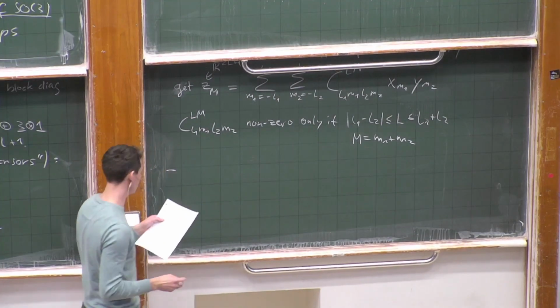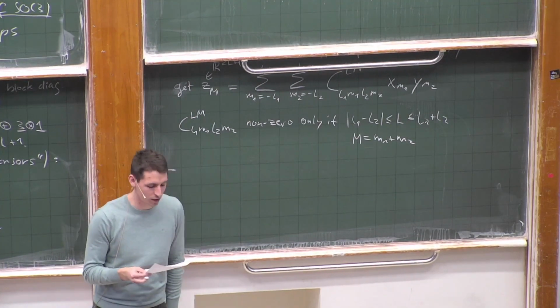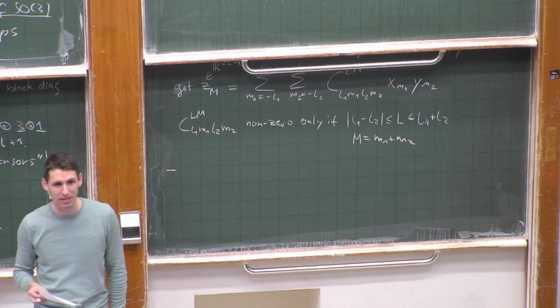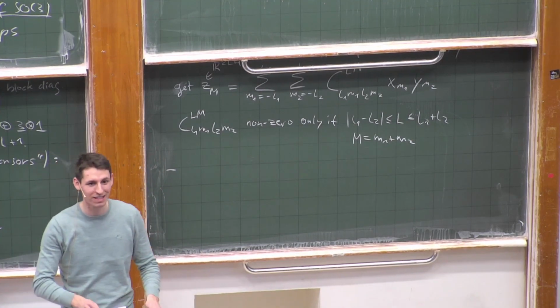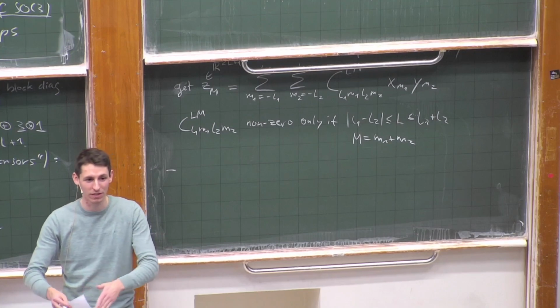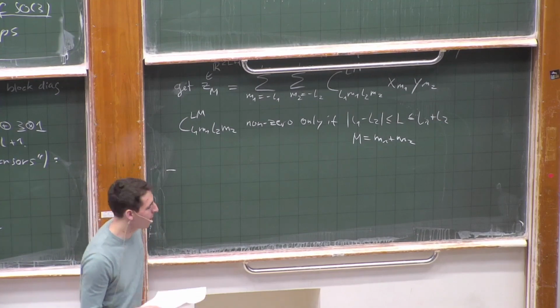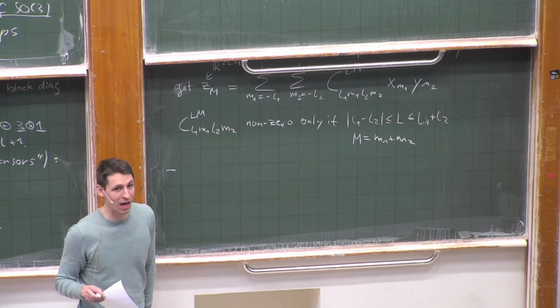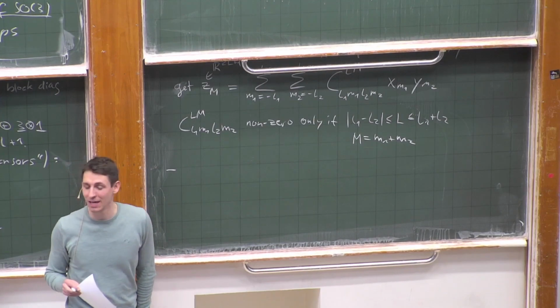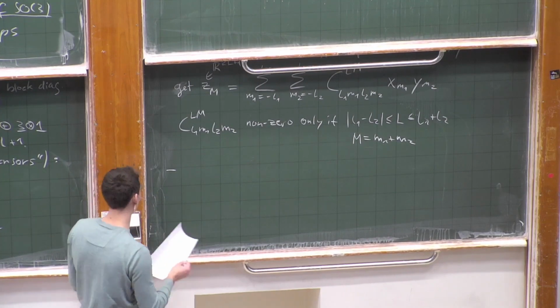We have now seen how to get spherical tensors by taking tensor products and then doing the decomposition into these irreducible representations. There is another way, though, how we can get spherical tensors, namely using the spherical harmonics.